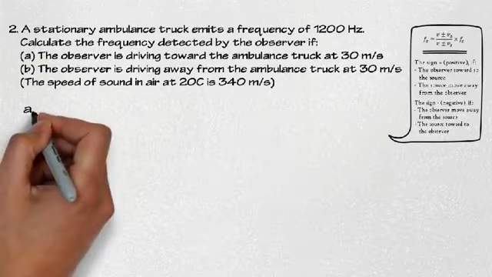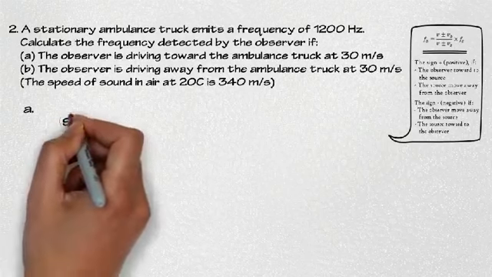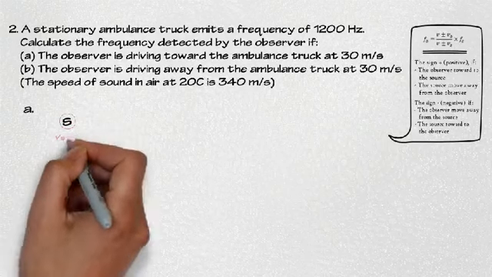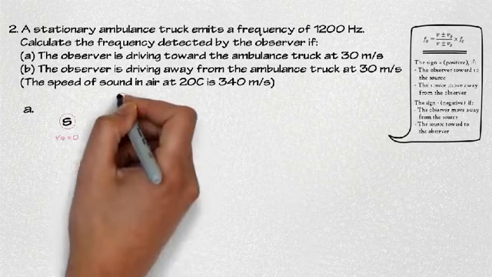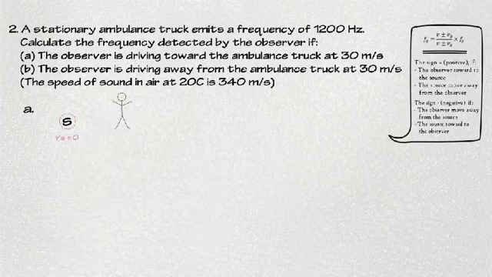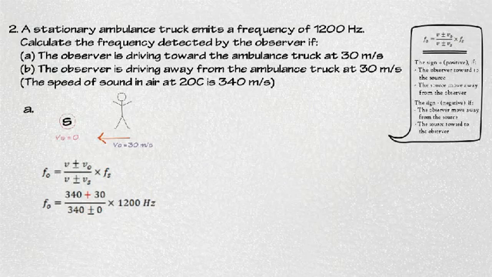That's 2.A. There is a stationary source, so the velocity of the source is 0. And the observer is driving toward the source with velocity 30 meters per second. We use the same formula to count the frequency of the observer.